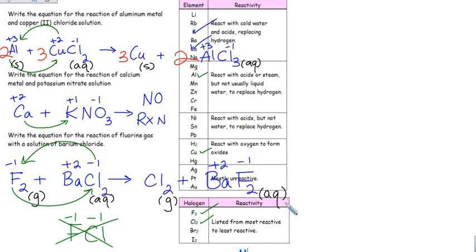The single element will replace the one of like charge in the compound, positive for positive, negative for negative. Check the chart to make sure that the single element is more reactive than the one it's looking to replace. And if so, switch the elements, look for any other diatomic elements that might be formed, and watch your charges on any new compounds that might be formed.